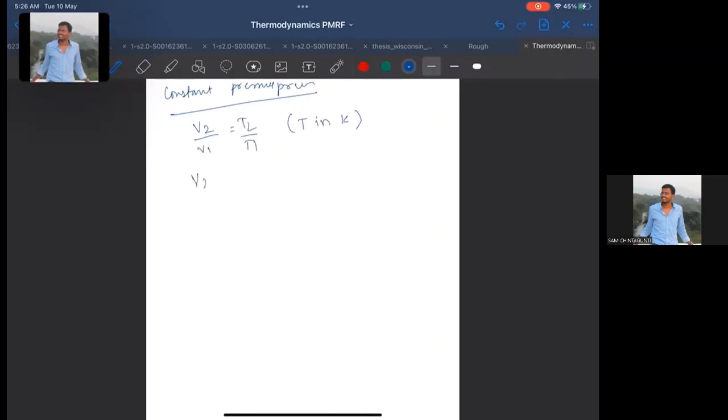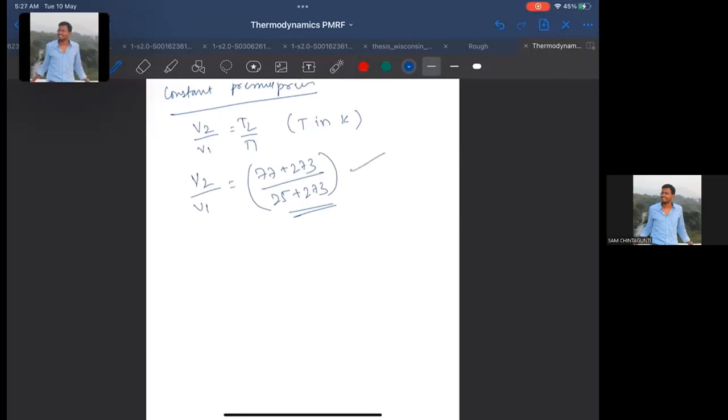So we have 77 plus 273 over 25 plus 273. Many people will forget to change this into Kelvin. Please take care. In all the governing equations, because we are using the ideal gas law, the temperature must be in Kelvin, so all the temperatures must be converted to Kelvin.